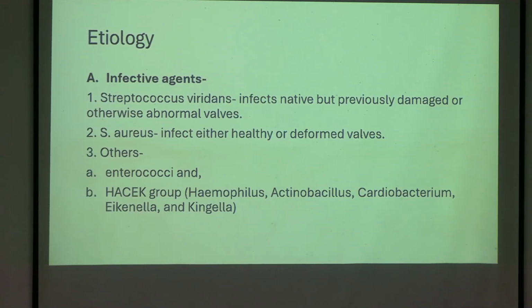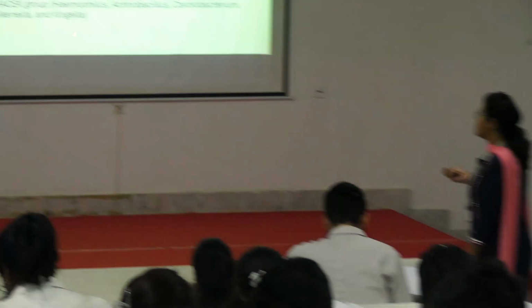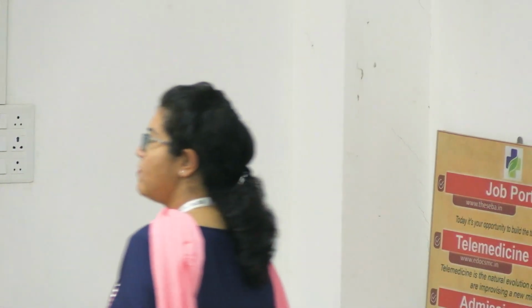So mainly Streptococcus, then staph, and then Enterococci and HACEK group. What is the HACEK group? Haemophilus, Aggregatibacter (Actinobacillus), Cardiobacterium, Eikenella and Kingella. Okay. So this one is the most important. Apart from strep and staphylo, this HACEK group is one more important, among the etiology.